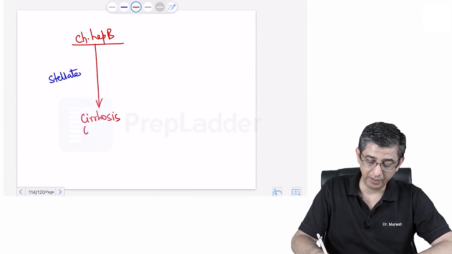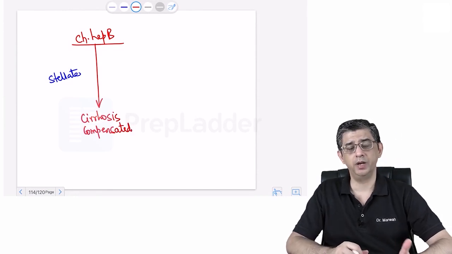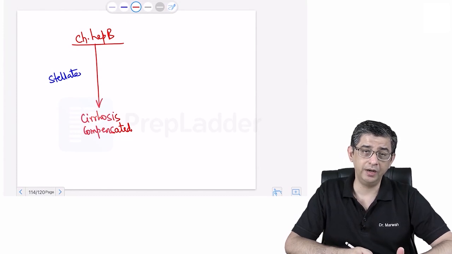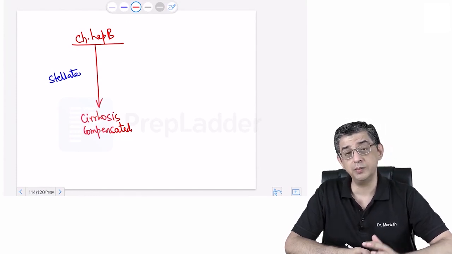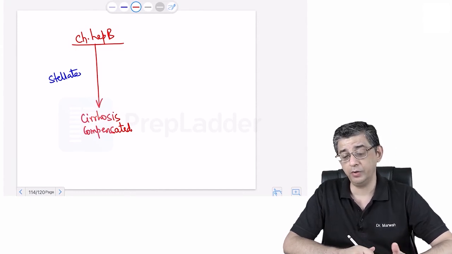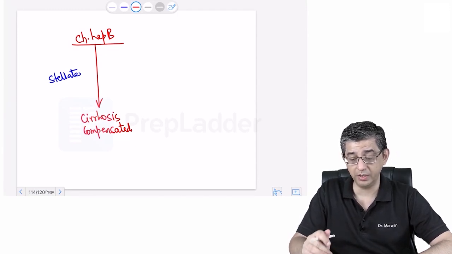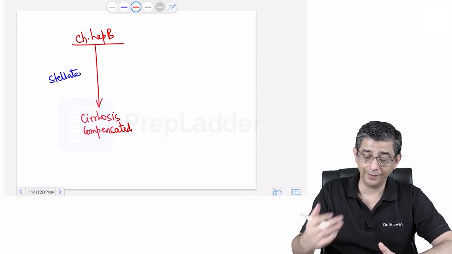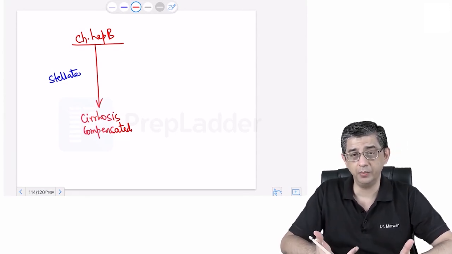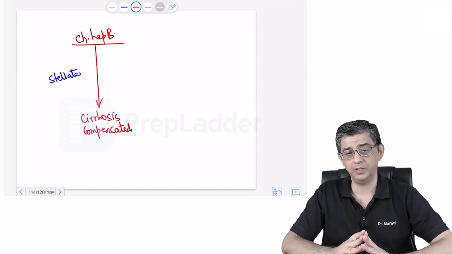So assuming that at this moment he has not even decompensated, he's just having signs of liver cell failure, like there could be palmar erythema, there could be parotid gland enlargement. Caput medusae develops relatively late, but palmar erythema and spider nevi develop relatively early. So at the moment my patient has still not gone into decompensation, compensated cirrhosis will occur, then it would be decompensated, and finally fulminant hepatic failure, coagulopathy, and bleeding will contribute to mortality of the patient.